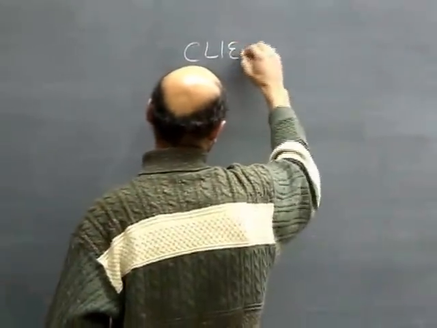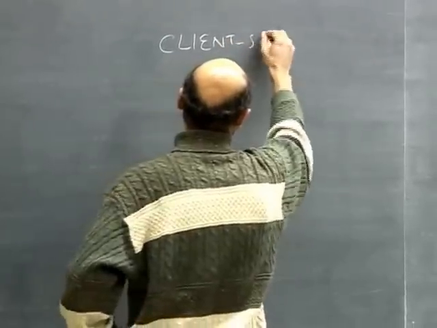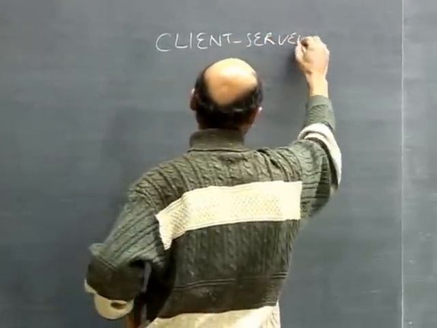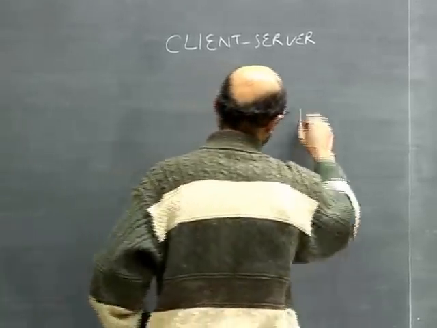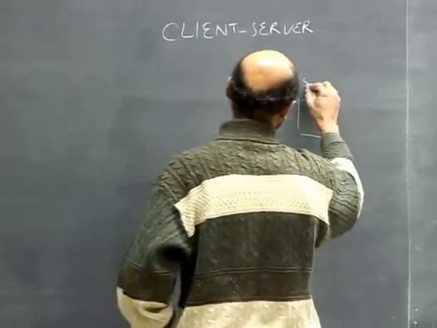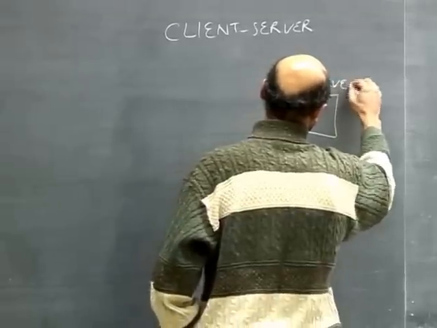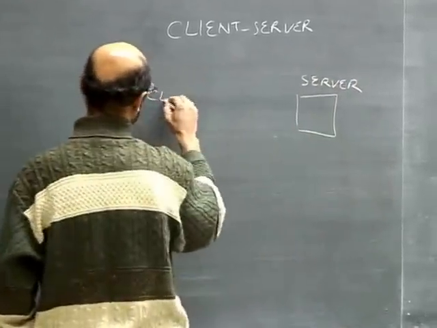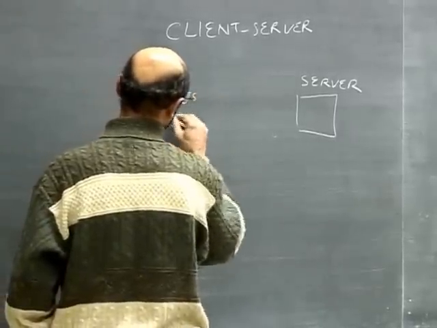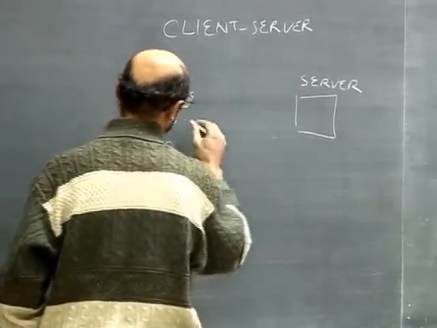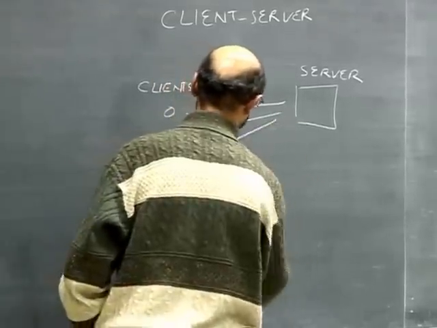So a typical distributed system is called client-server, and we've seen this already with your homework assignment, because there you have the tic-tac-toe server, and you can have multiple clients. You have some set of clients which are communicating with the server.